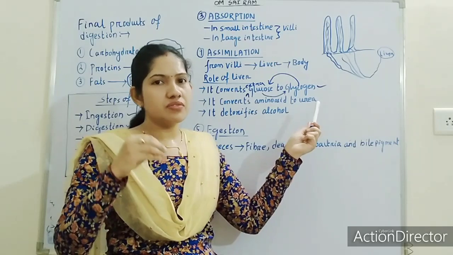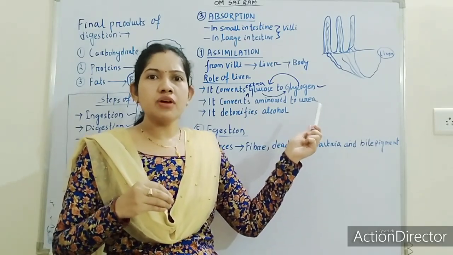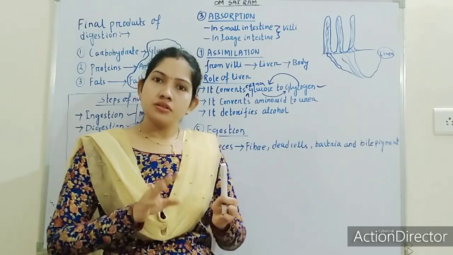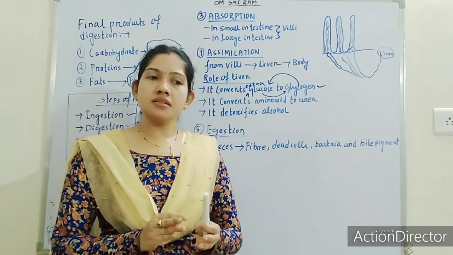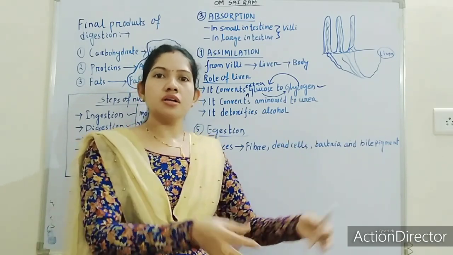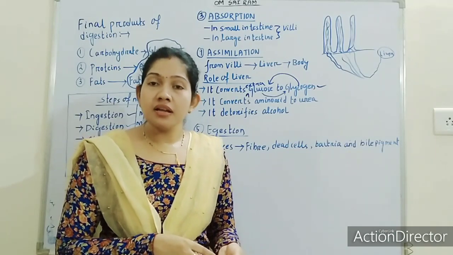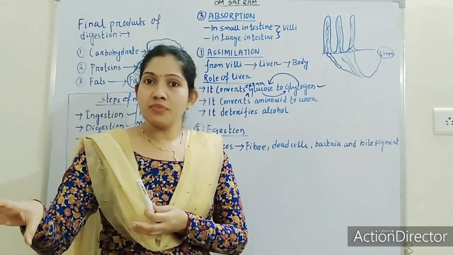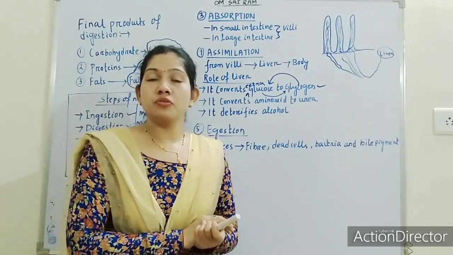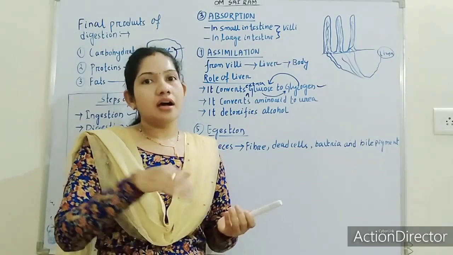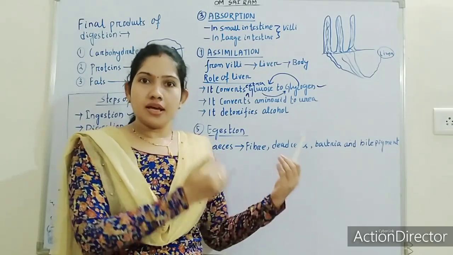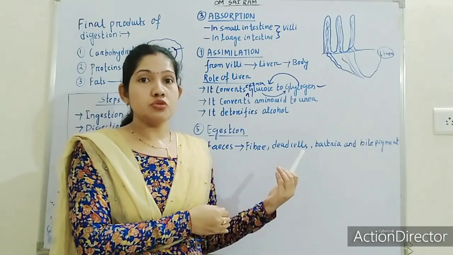See how the liver plays a very important role. If I give you 10 rupees, some persons will buy chocolates worth 10 rupees. Some will think, no, I will spend 5 rupees now and keep 5 rupees so that when I need it again, I can use it.